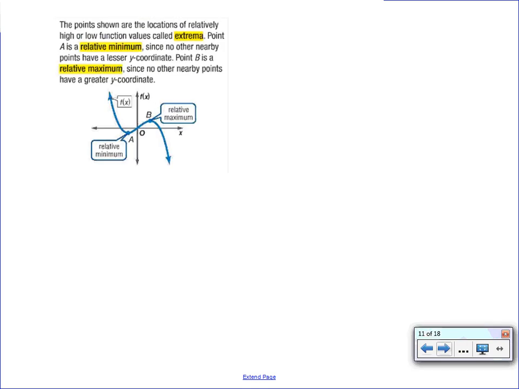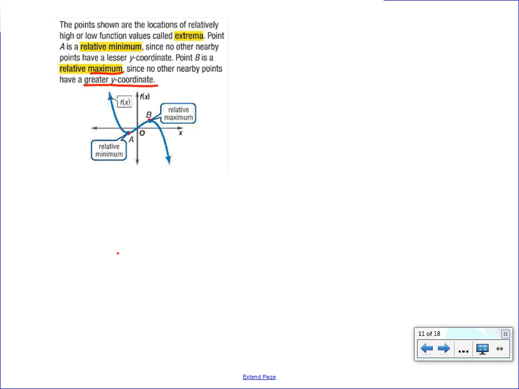Okay, the points shown are the locations of relatively high or relatively low function values, and these are called extrema. Point A right here is the relative minimum, right? And point B is the relative maximum. Again, it's the point that there's nobody that has a lesser y coordinate, is the way they put it. And at point B, there is no other place nearby that has a greater y coordinate.